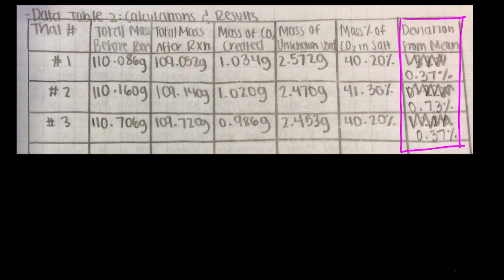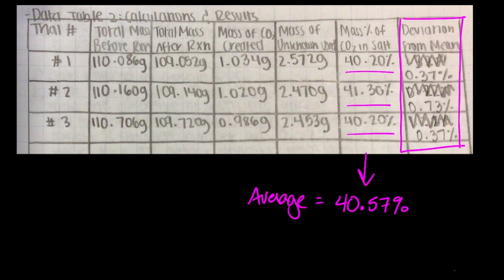So the way that we calculate the deviation from the mean is you're going to calculate the mass percent of CO2 for each of your 3 trials. So there they are. You're going to get the average for those 3 trials. And so for these data here, that average is 40.57%.